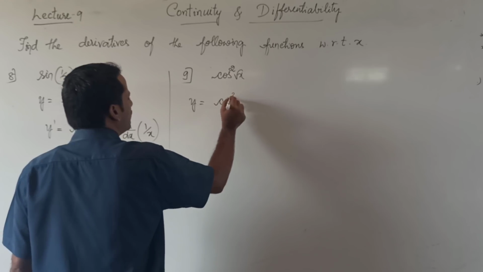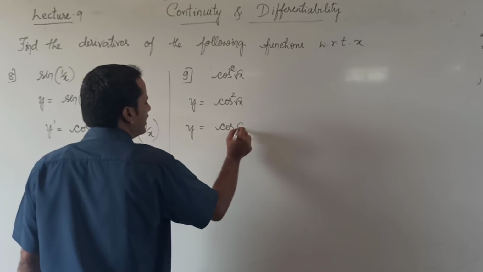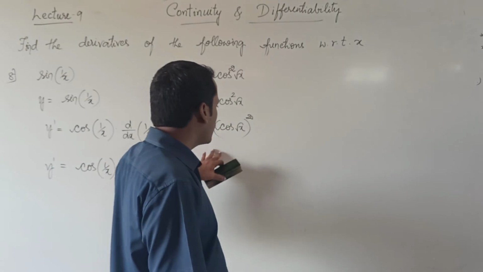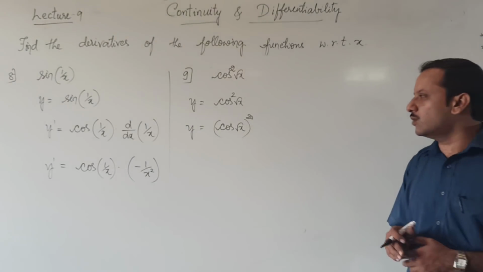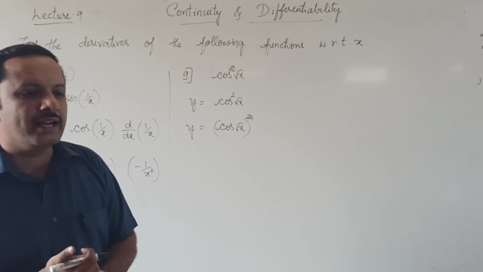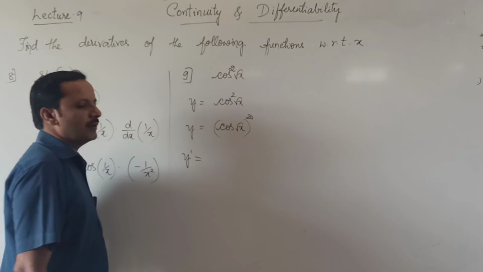Y is equal to cos square root x. That cos square root x we can write as cos root x whole square. The derivative of cos root x whole square. This is of the form x square. What is the derivative of x square?